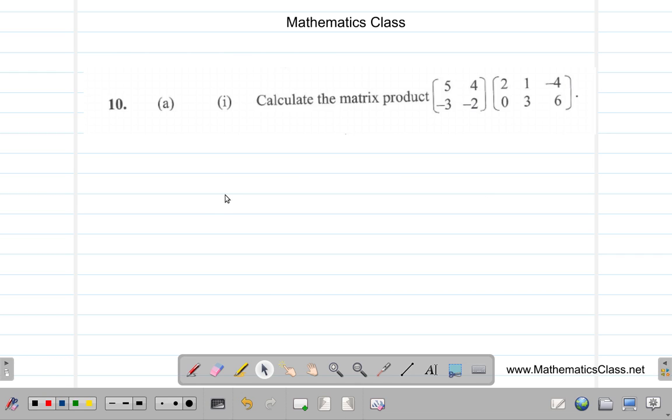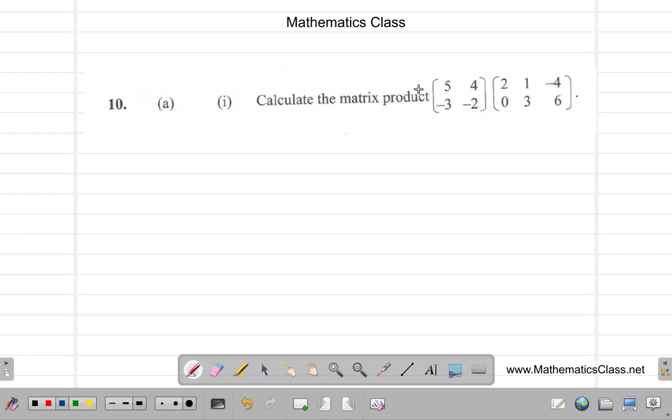Alright, now what do you have? You want to multiply one matrix by the other. So remember, I'm going row by column.